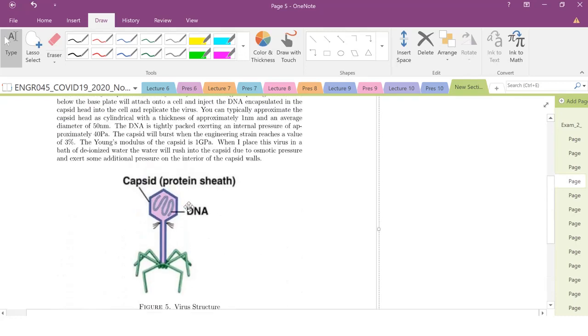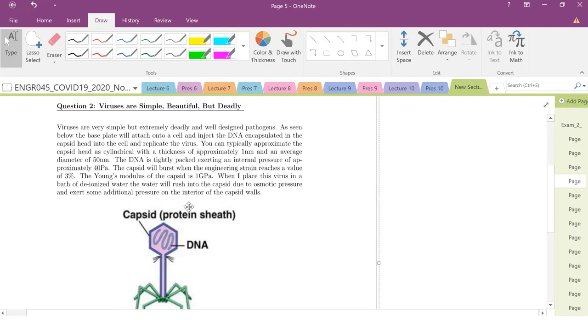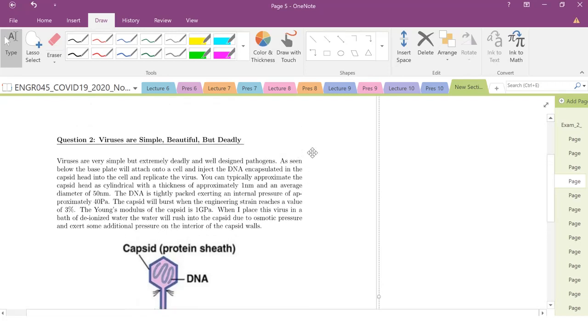So when you were reading this problem, that's a lot to take in. The first thing that should have popped into your head: whenever you hear thickness, whenever you hear cylindrical, and whenever you hear diameter, you should think thin-walled pressure vessels. The other thing is the initial delta P inside your capsid is 40 pascals.